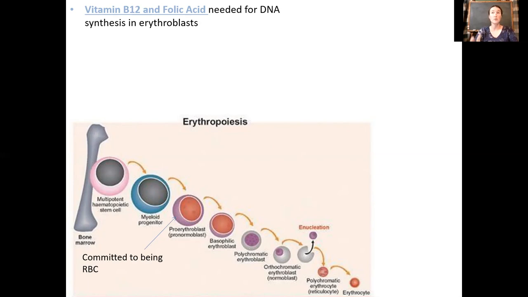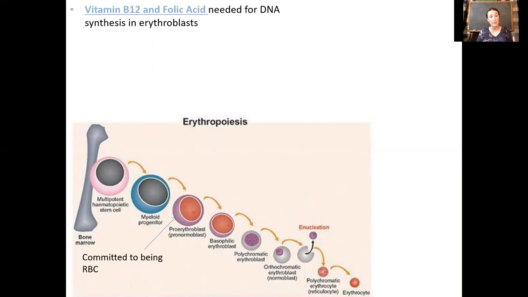B12 is absorbed in your intestines, into your blood, and ultimately into this process. But in order to be absorbed, it requires something from the stomach to be secreted, and that something is called intrinsic factor. We'll talk about that as we go forward, but essentially we absolutely need vitamin B12 in order to synthesize the DNA needed to make red blood cells. So B12 is required for red blood cell creation.